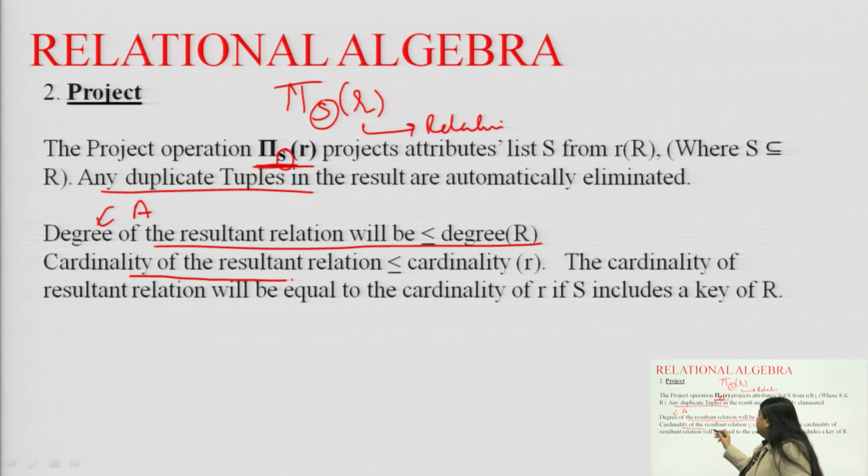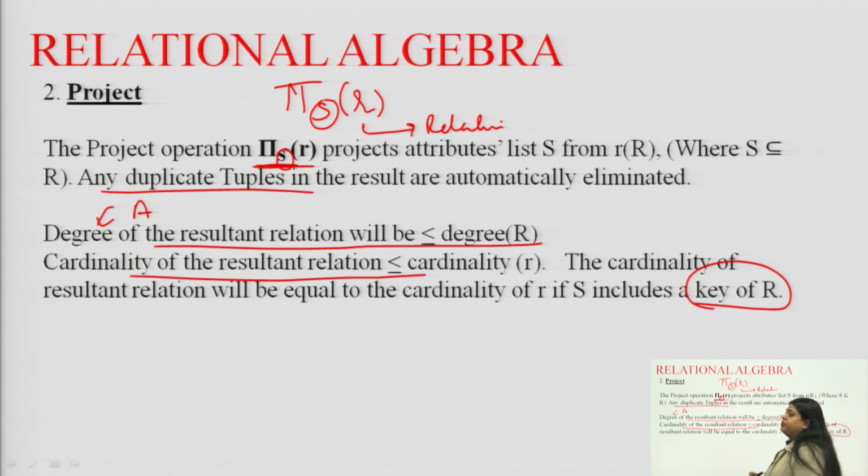Cardinality can be less than or equal to the cardinality of the parent database, but that depends. If we are including a key from the relation R, then only the cardinality will be equal to the cardinality of the parent database.